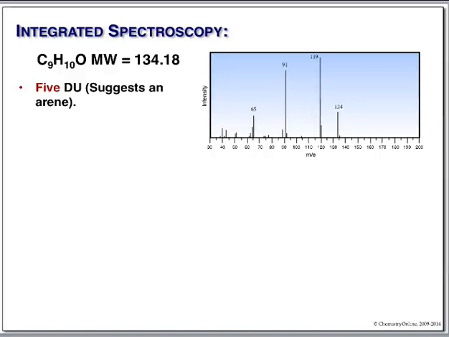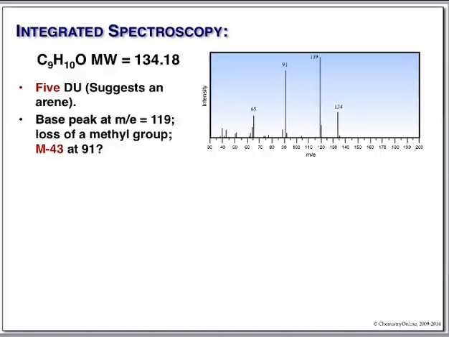Our base peak here, we take our molecular ion. Base peak is 119. That is M minus 15. So we have a methyl group that we can clip out and form something stable. If we take our molecular ion here and we clip out 43, we would get 91. And we do have a peak here.